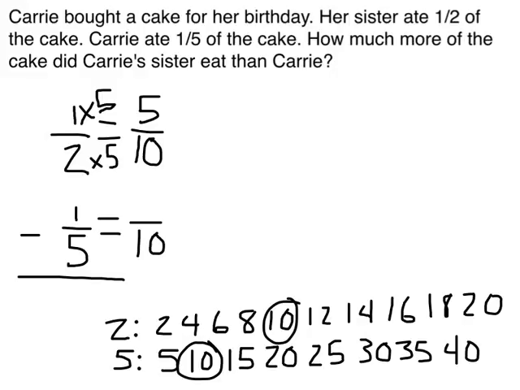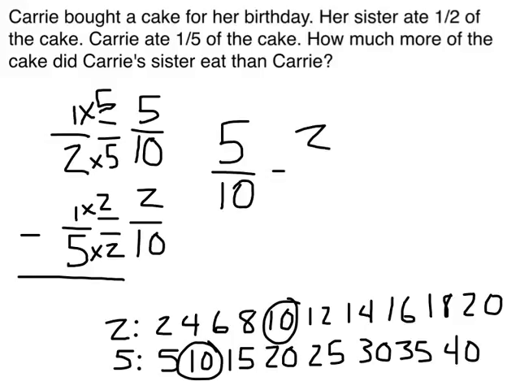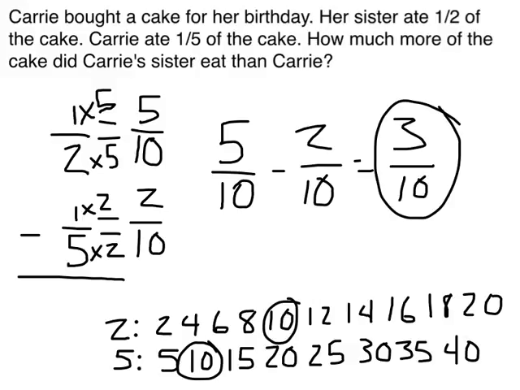When I change 1/5 so that the denominator is 10, what's the new numerator? Well, 5 times 2 is 10. 1 times 2 is 2. Now my fractions are ready to subtract. What's 5/10 minus 2/10? 5/10 minus 2/10 is 3/10. Carrie's sister ate 3/10 more of the cake than Carrie did.